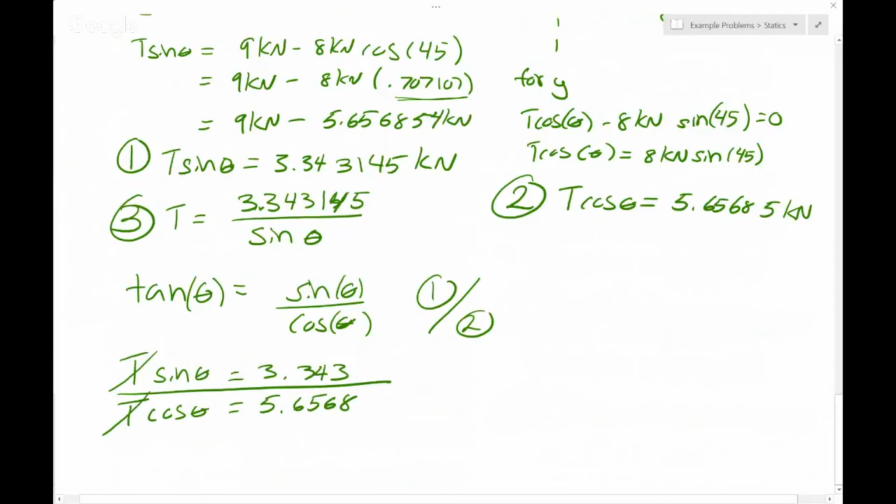And so we end up with this being equivalent to sine of theta over cosine of theta is equal to 3.343 divided by 5.6568.